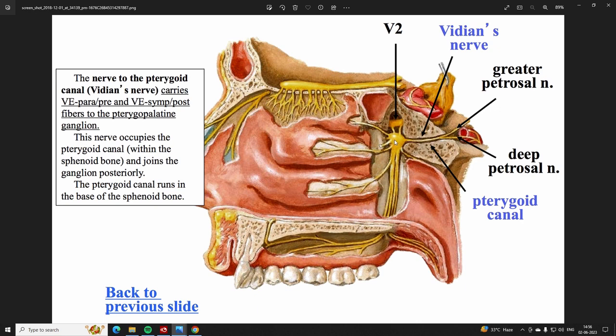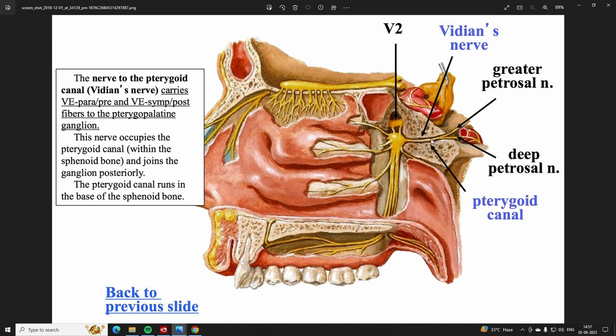Why is it called a parasympathetic ganglion? Because the parasympathetic relay happens here, whereas the sympathetic relay doesn't happen. Sympathetic just passes through this. All postganglionic fibers of the parasympathetic are carried by the branches of the maxillary nerve. So all these five branches, when we see cluster headache, all these symptoms from the lacrimal gland to the palate and pharynx, everywhere the supply is coming from the postganglionic fibers.